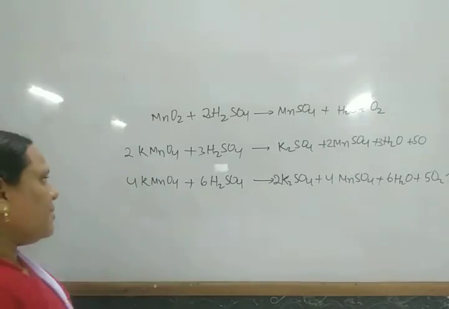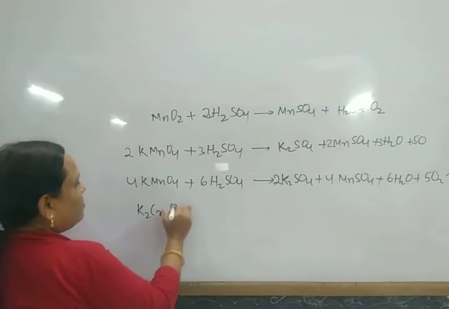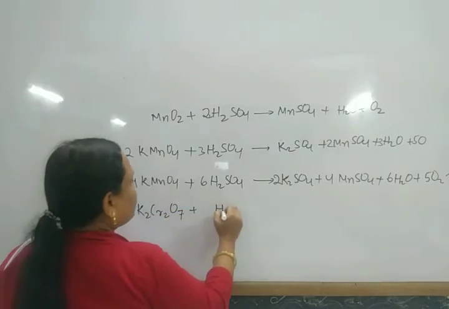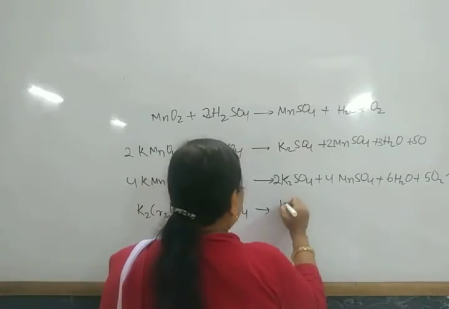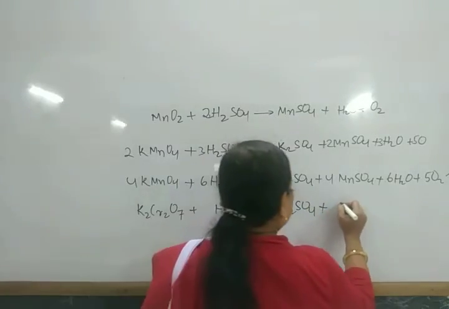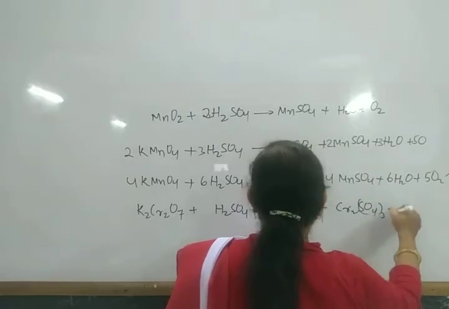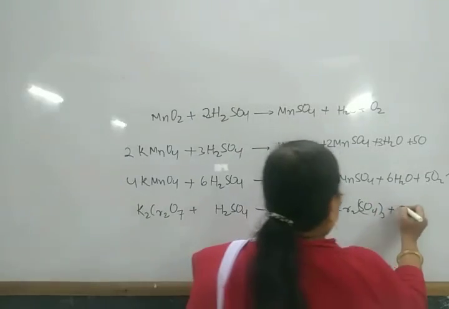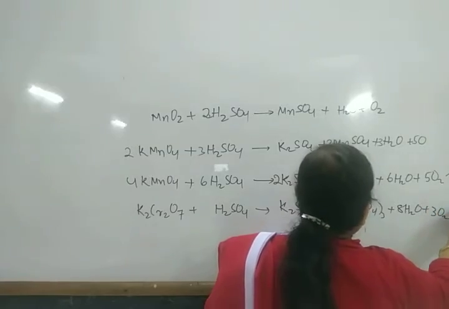Similarly, when potassium dichromate is treated with sulfuric acid, it gives rise to K2SO4 plus Cr2(SO4)3, chromium sulfate, plus 8H2O plus 3O2.